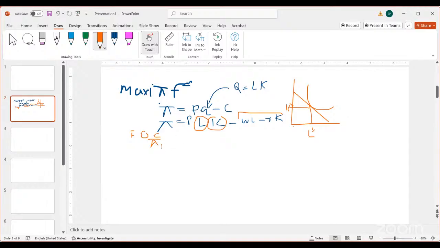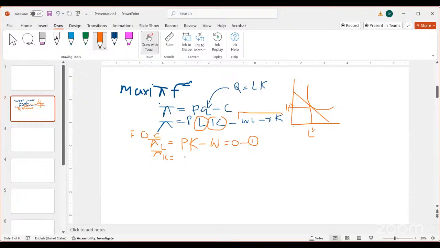When you differentiate with respect to L, you get the answer P K minus W, and at the optimal level, the first order condition, we know that equals 0. So there we get one equation, and K is also unknown.